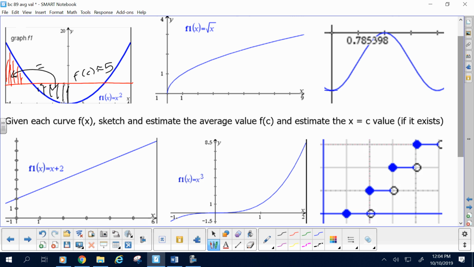I'm not sure. Call this -1. I don't know if that's what it is or not.